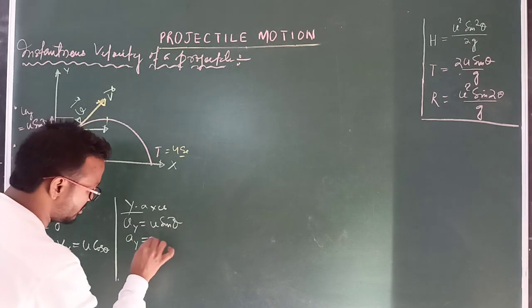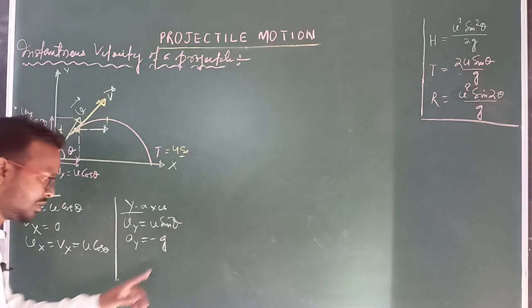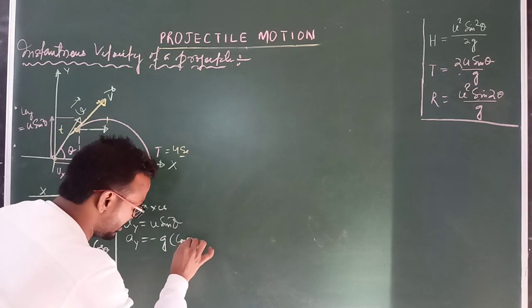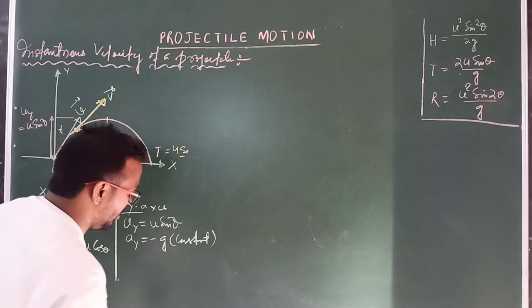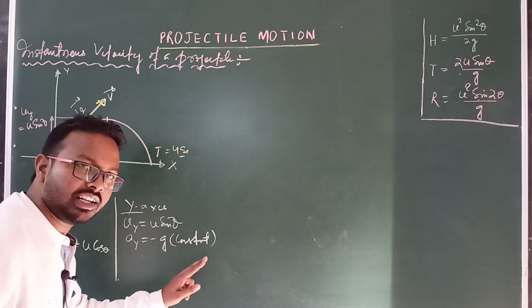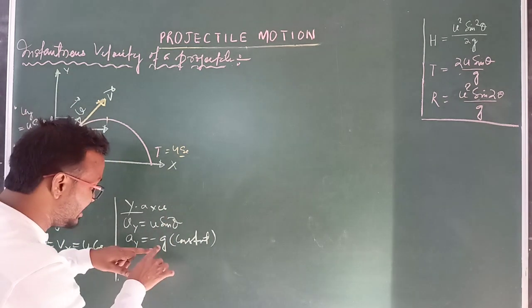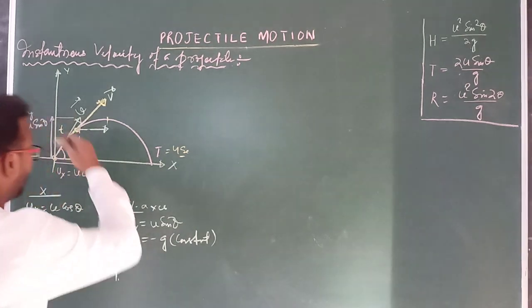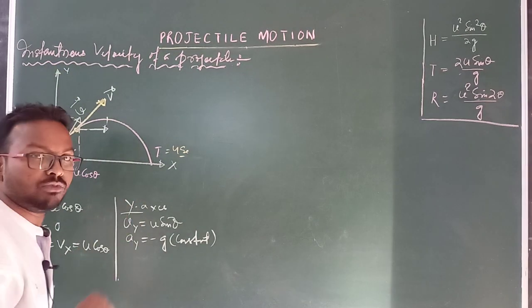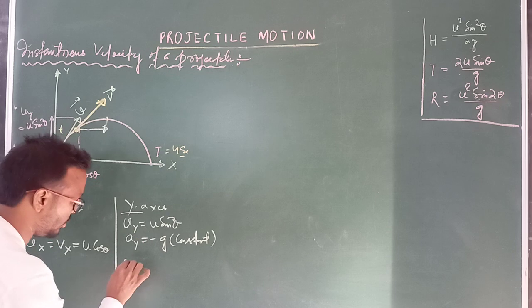Acceleration does not equal 0; its value is minus g, and this value is constant. Clear? Okay. If acceleration is constant, the velocity of the particle decreases or increases, but this direction is downward and the velocity is upward, so the velocity must gradually decrease.